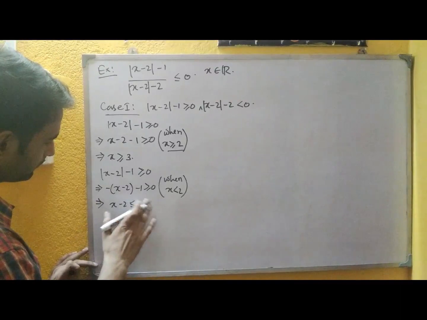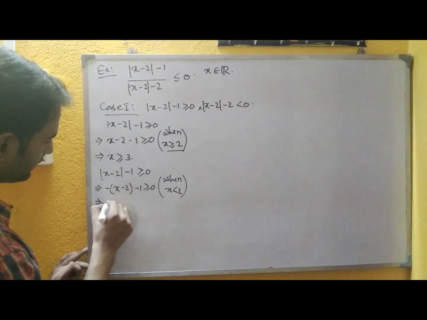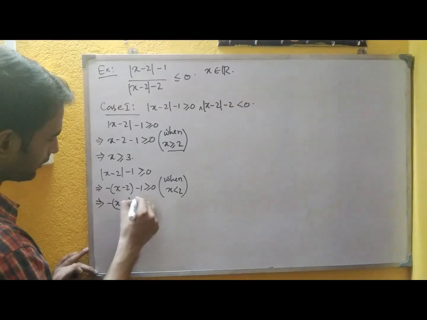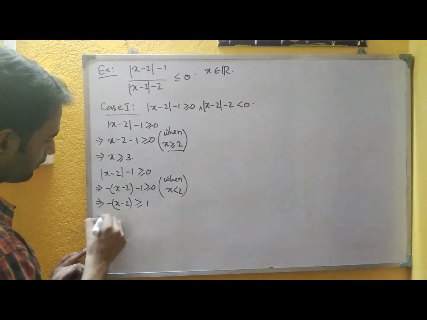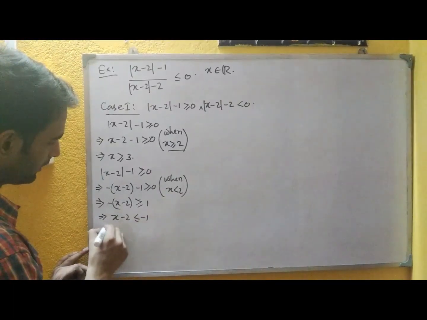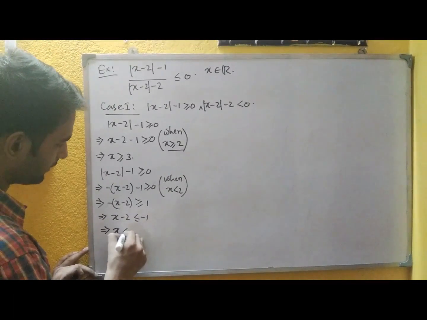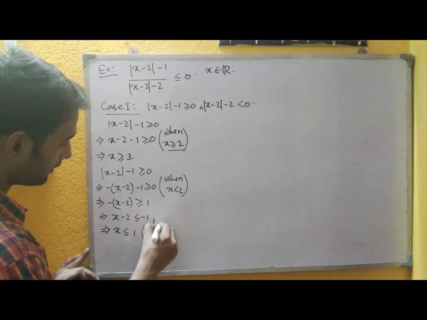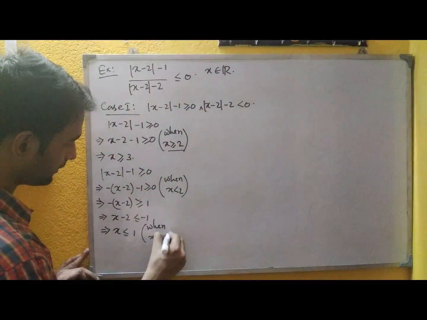So x minus 2 less or equal to minus 1, and this will give x less or equals to 1. So this will happen when x is less than 2.